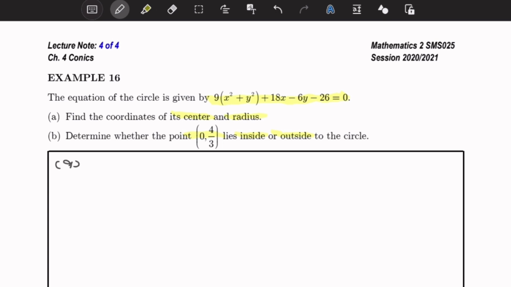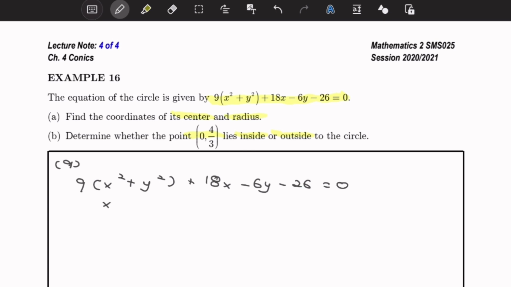Copy the equation. So we have 9x squared plus y squared plus 18x minus 6y minus 26 equals 0. So let's divide every term by 9.